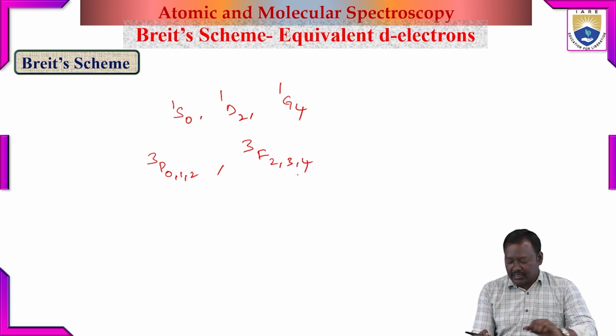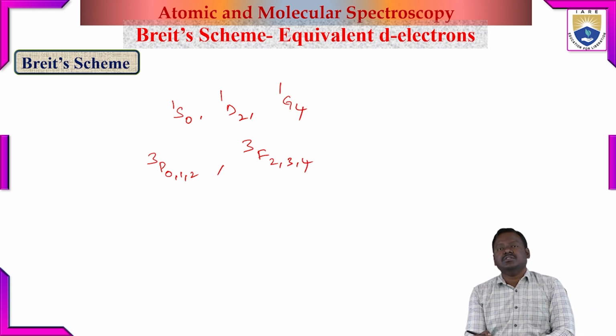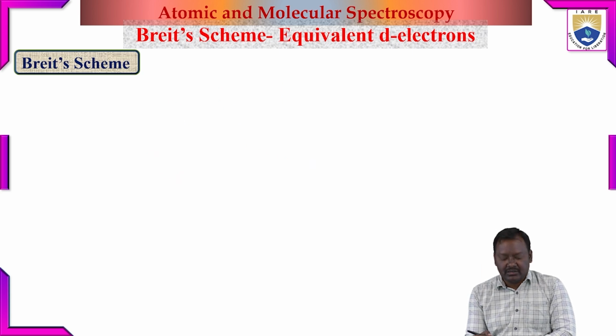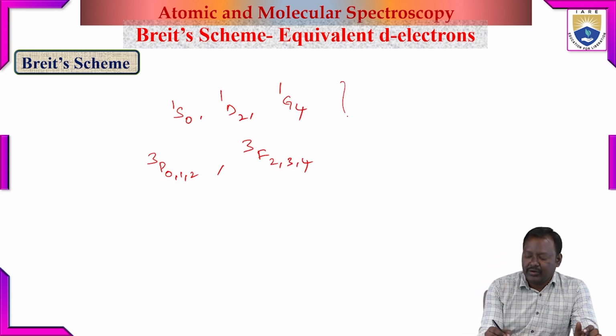So these are all the spectral terms for d2 electrons.